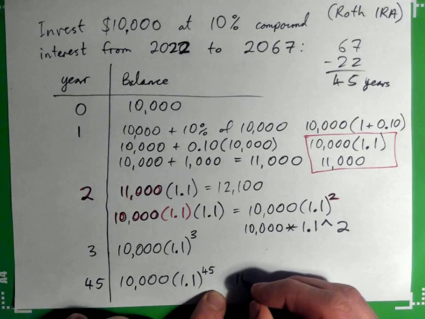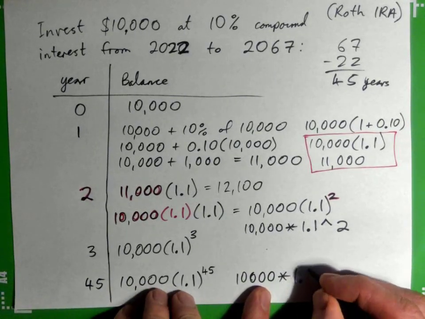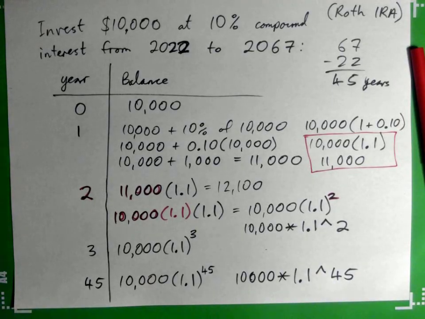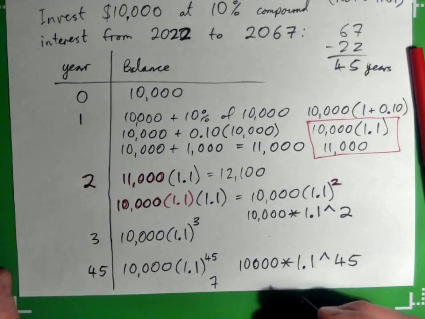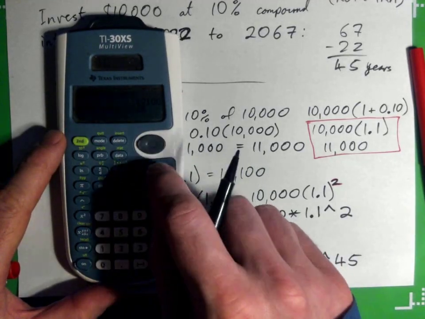Now in the calculator entry it looks like this. 10,000 star 1.1 to the power of 45. Right? And what does that give us? 7 to, gosh, that's a big number. Is that right? I think it might be. It's kind of cool.